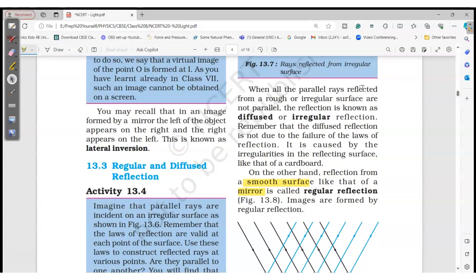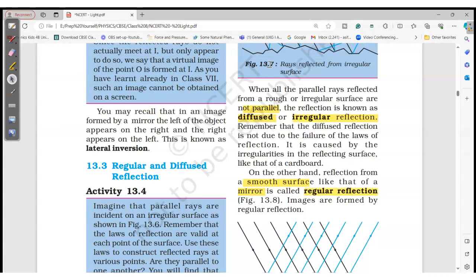When parallel rays reflected from a rough or irregular surface are not parallel, then the reflection is known as diffused or irregular reflection. And when the reflected rays are parallel, then it is known as a regular reflection.